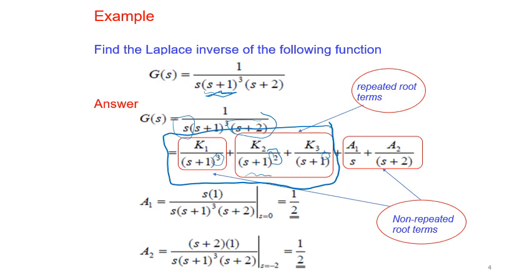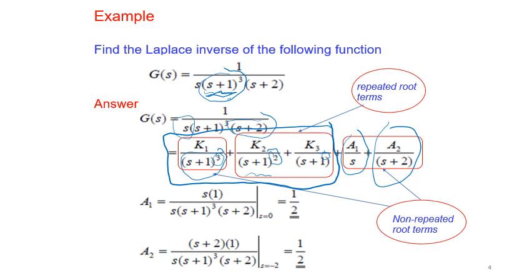To calculate A1, it can be calculated directly, because its denominator is available in the function. It's the source of the repeated function, but by itself it is not repeated. So once it's available here, we can calculate it the same as case 1. A1 and A2 can be calculated the same way.